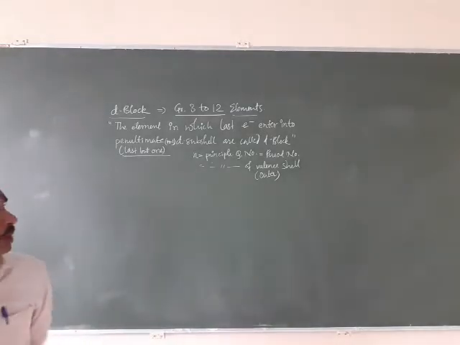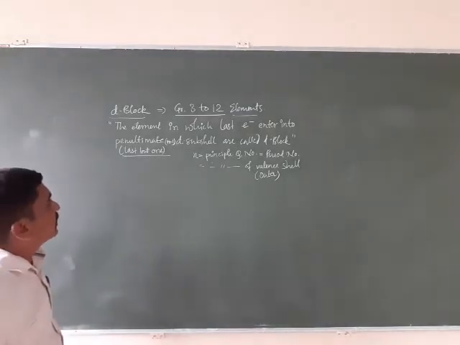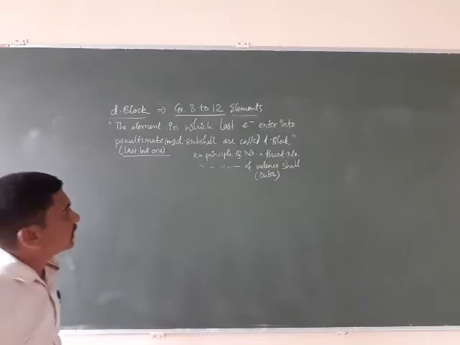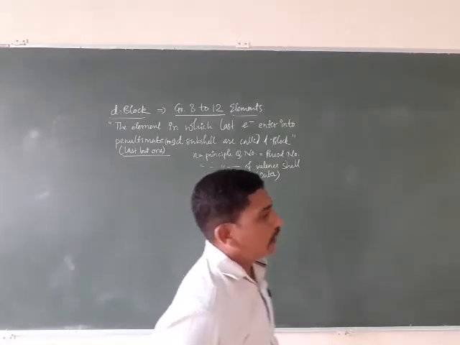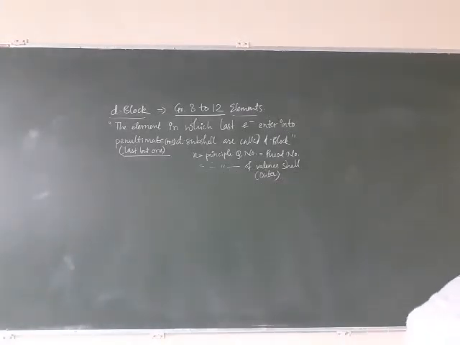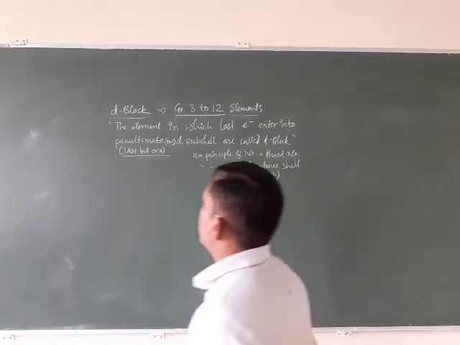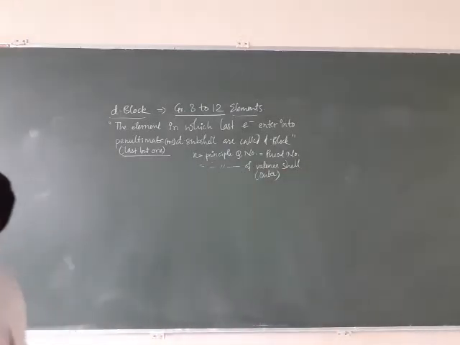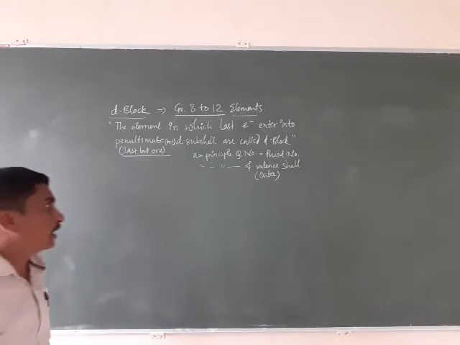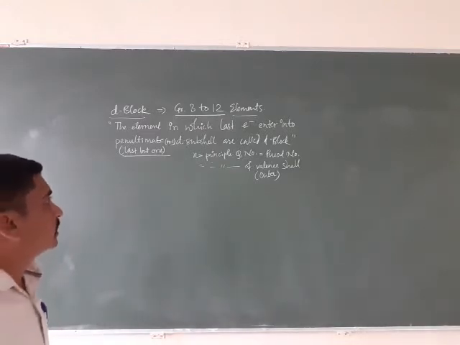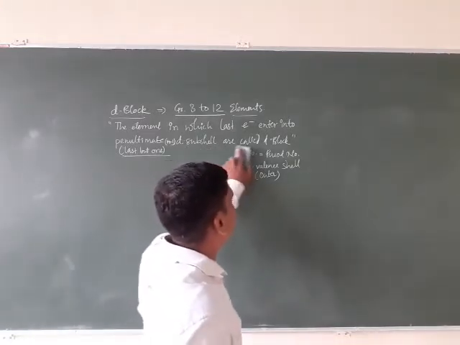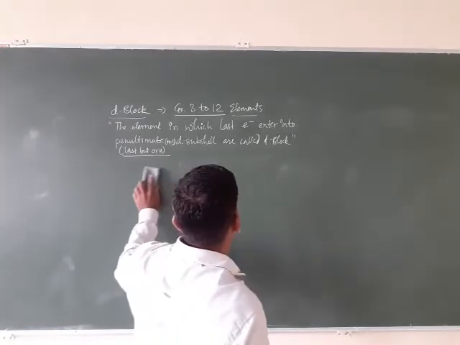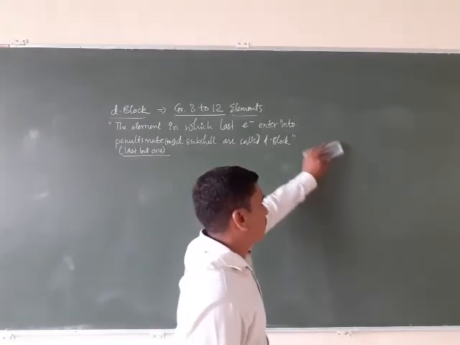So whenever an electron enters into the penultimate (n-1)d subshell, the elements are called d block elements. What is penultimate (n-1)d? The last but one shell, where n is the principal quantum number of the valency shell.